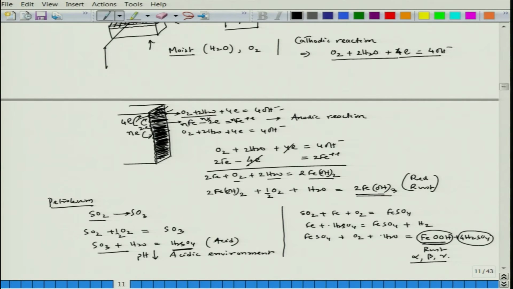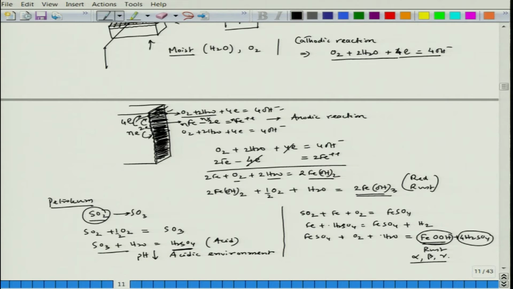So, SO2 is a very bad pollutant, because it forms acids. For example, SO2 can react with H2O and then form H2SO3. Okay. So, that is also an acid. Those have an influence in accelerating the corrosion of iron.